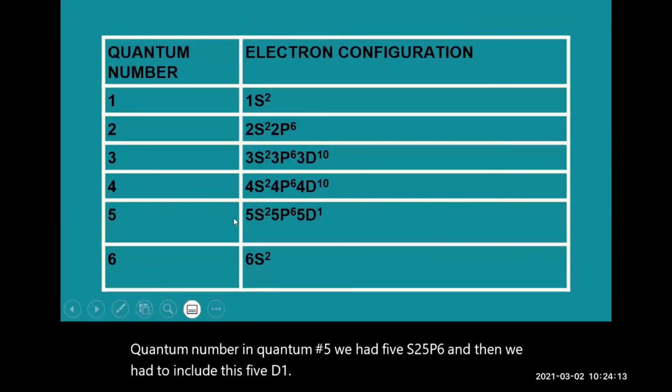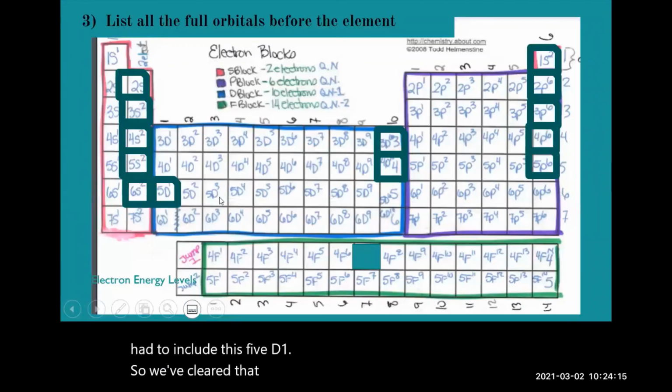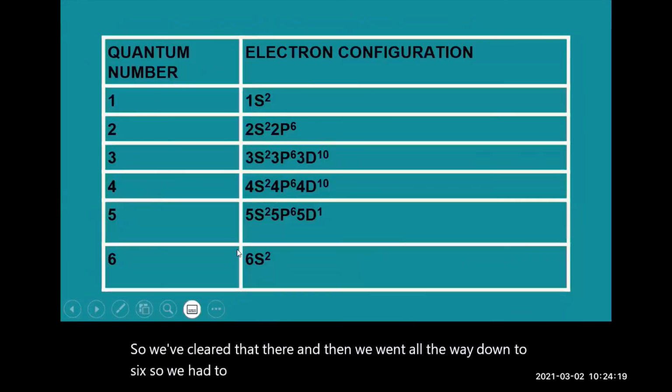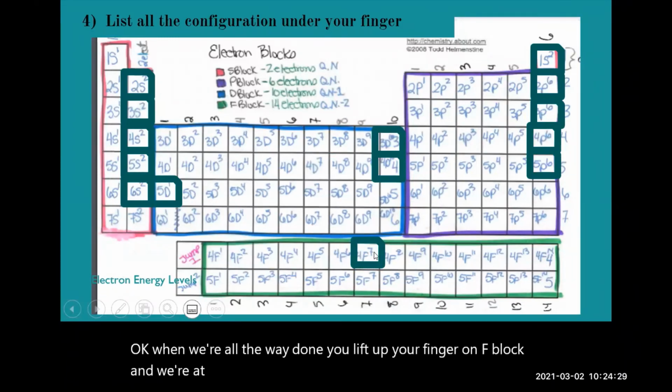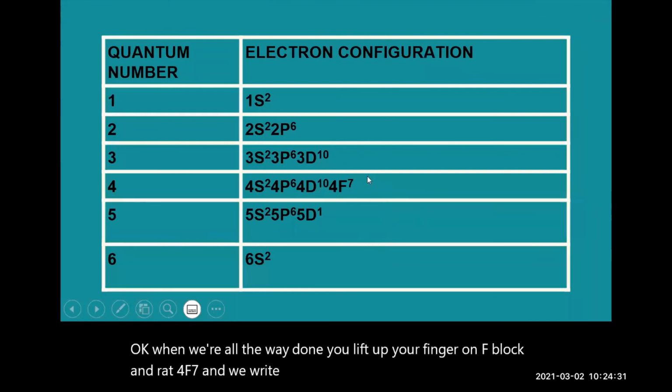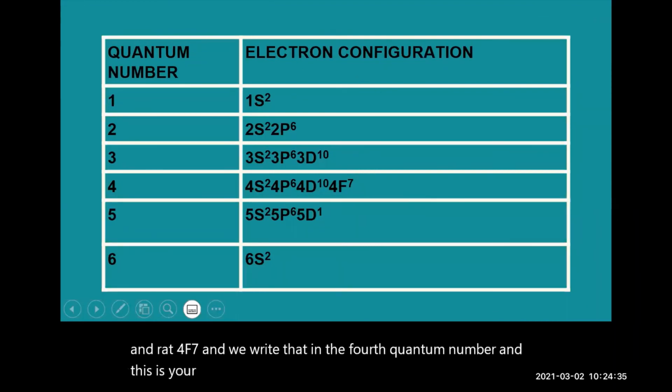So we include that there. And then we went all the way down to 6, so we had to do 6s2. When we're all the way done, you lift up your finger on the F block, and we're at 4f7, and we write that in the 4th quantum number, and this is your complete orbital map.